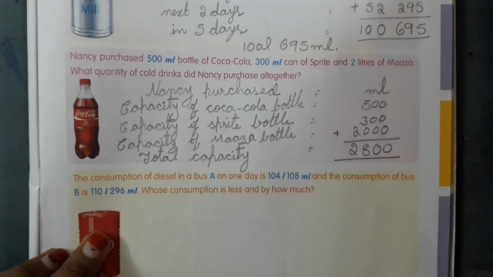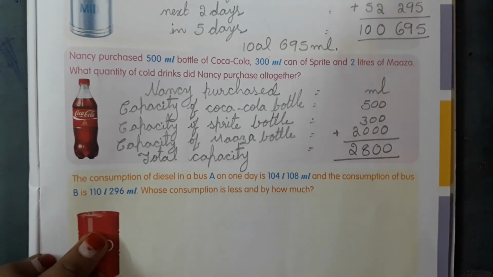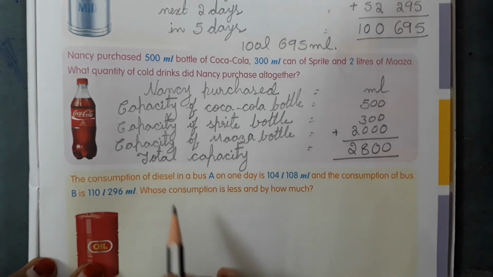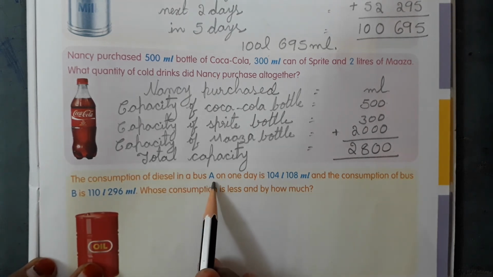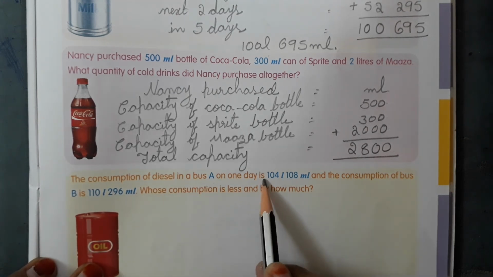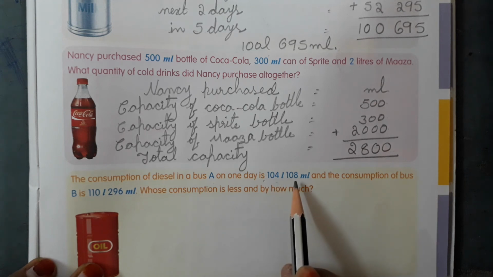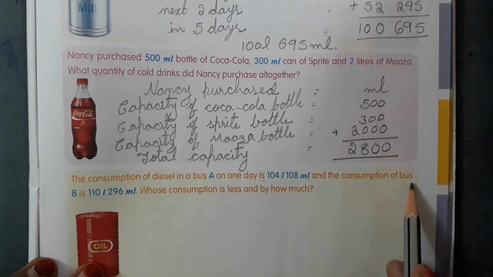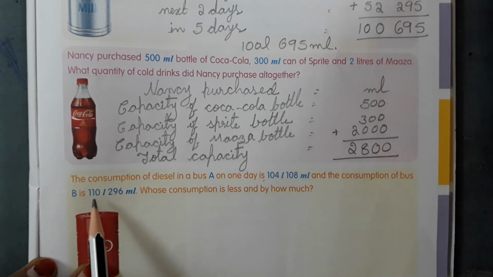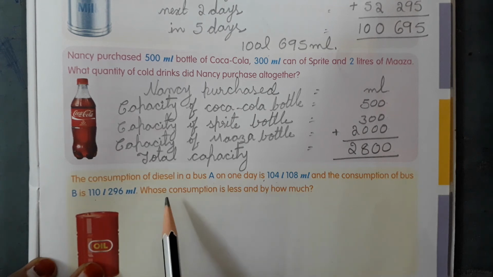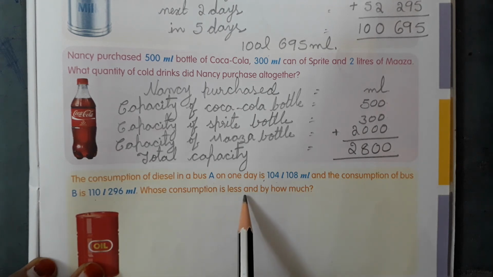Now next, read the last one. The consumption of diesel in bus A on one day is 104 liters 108 milliliters, and the consumption of bus B is 110 liters 296 milliliters. Whose consumption is less and by how much?